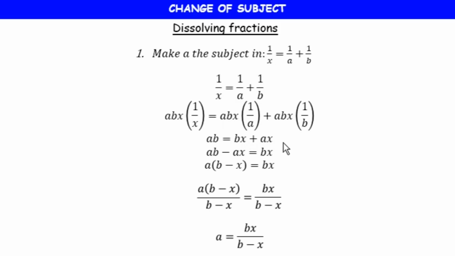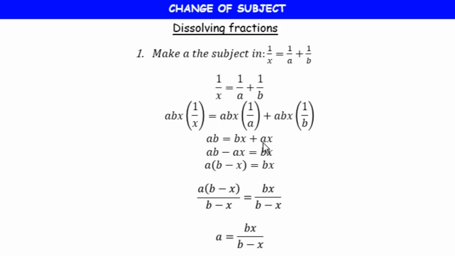So we have eliminated the fraction, and then we are going to go through the usual process of making a variable the subject. So we are going to group all terms containing our potential subject, which is a. So ab is equal to bx plus ax. Now there is a here, there is a here.